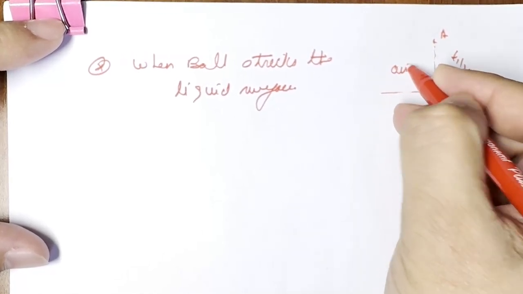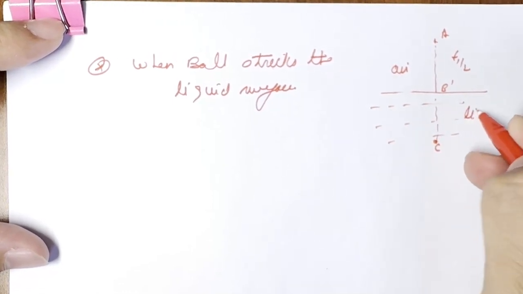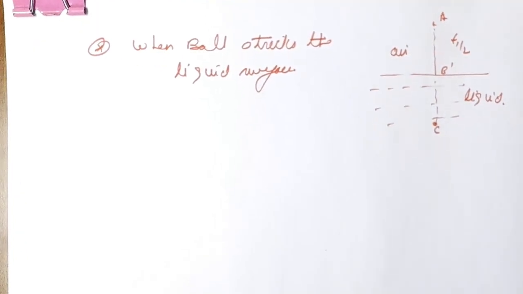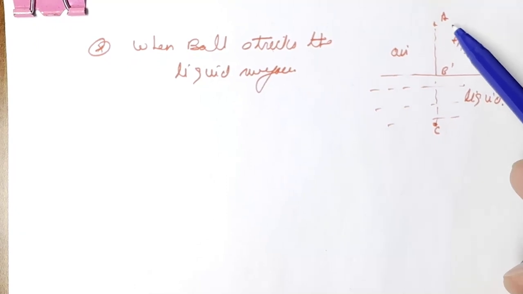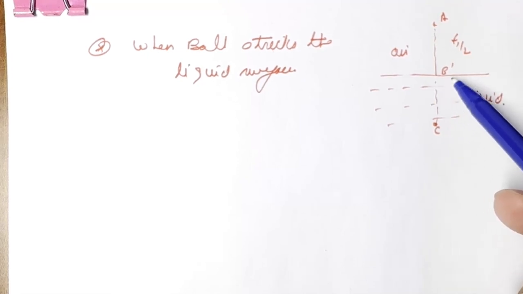This is our air, and this is our liquid. We already know the time taken by the ball in the air is T1 by 2, and let's find out the velocity of the ball just before it strikes the liquid surface.